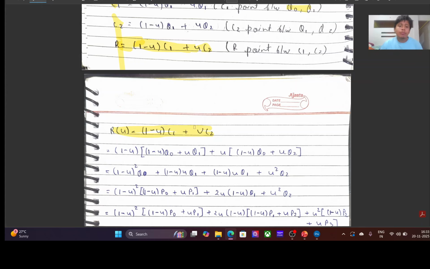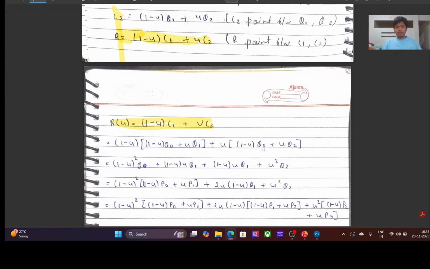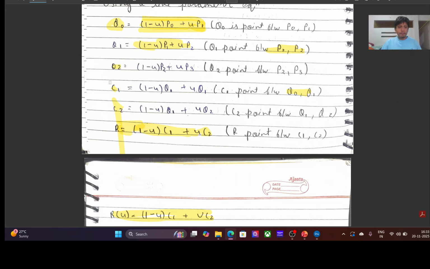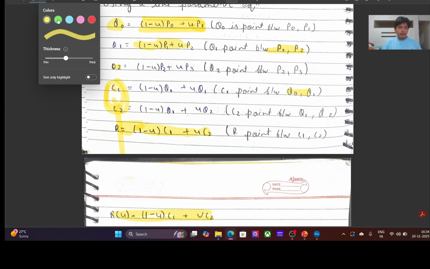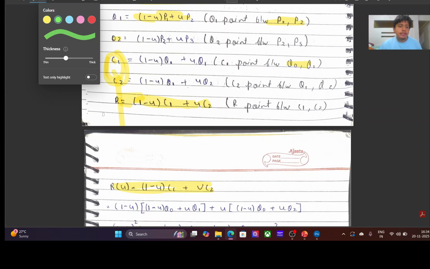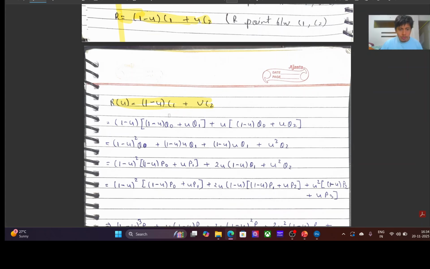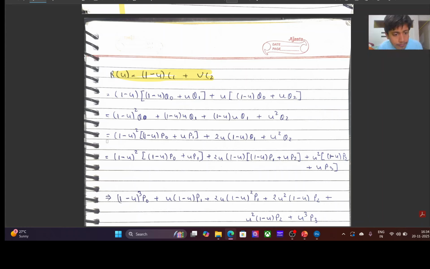Then what did we do? We should put the value of C1 and C2 from here. I think I should change the pen color, right? Yeah, C1 and C2. So we put it, we multiply it, then we get this after multiplication, and we also did the sum of these two.